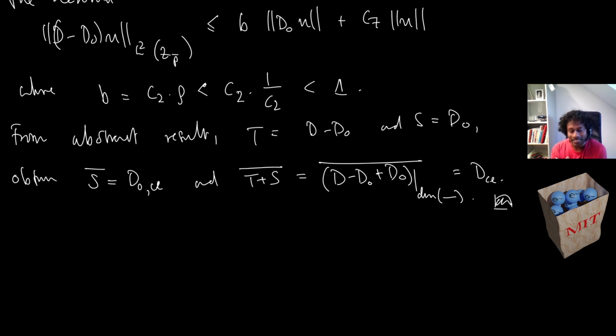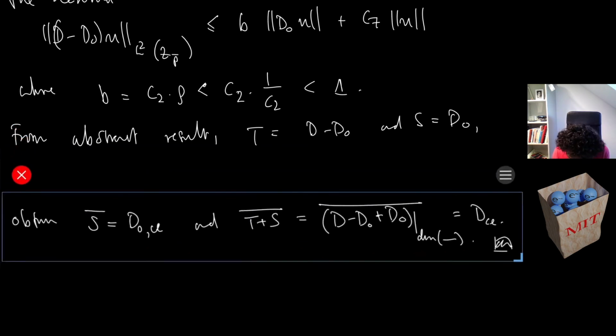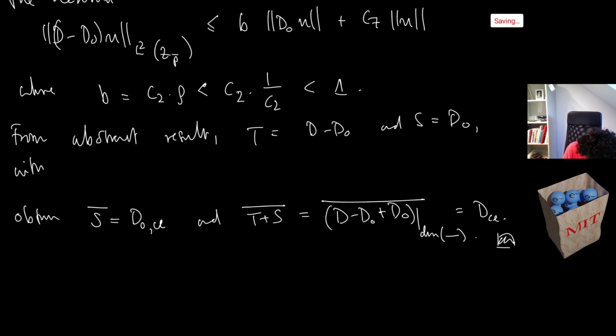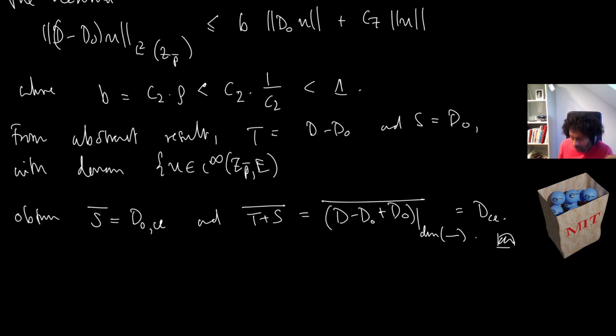Well, the S and the T have a certain domain, okay? So I should say, to be totally precise, with domain u in C infinity, Z rho bar, E. I mean, you cannot ever think about unbounded operators as just their action. You have to specify the domain. If the domain changes, the whole operator changes, right? So that's very important.